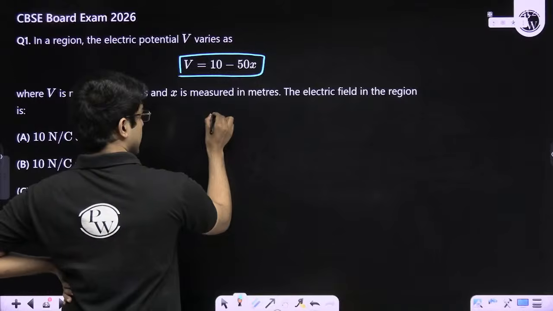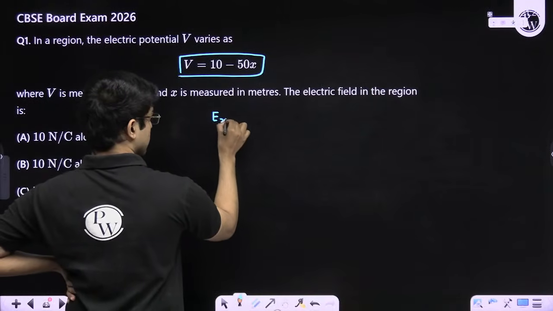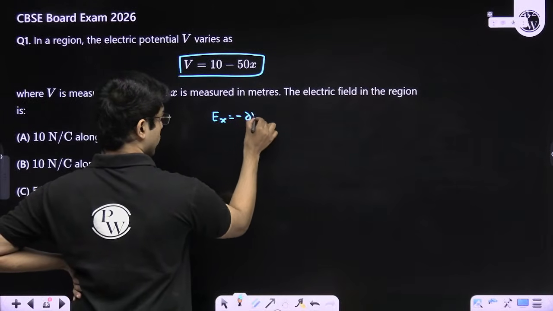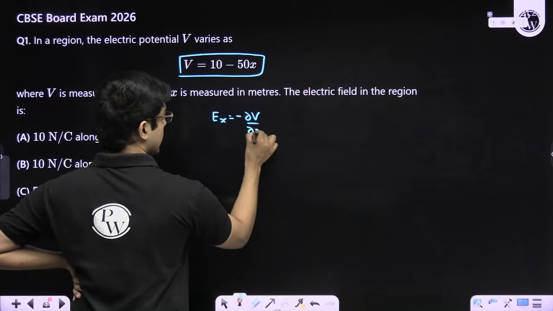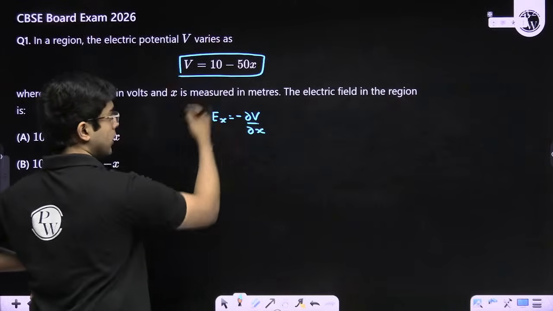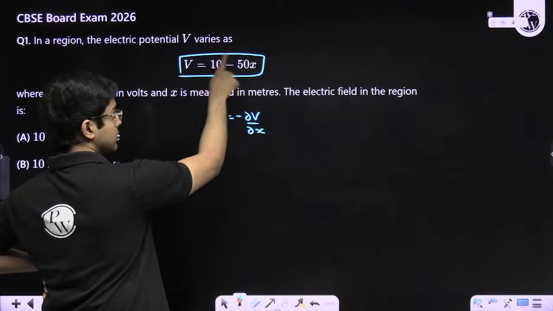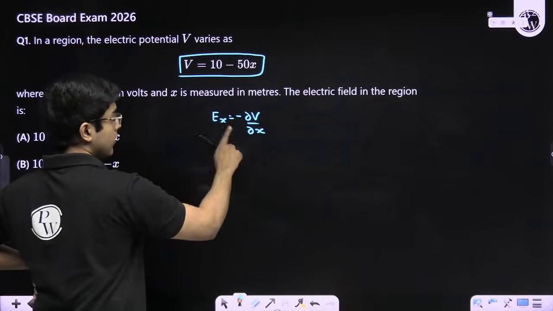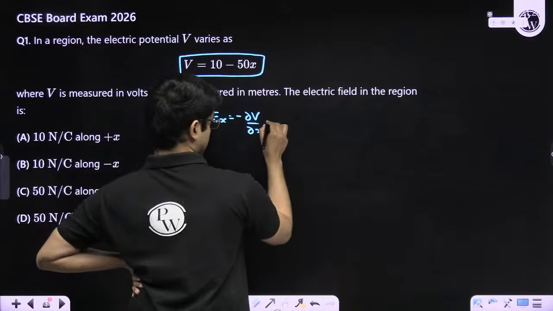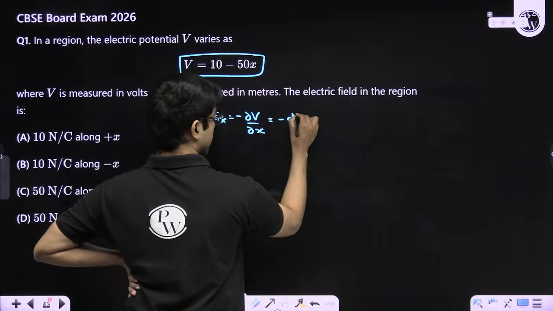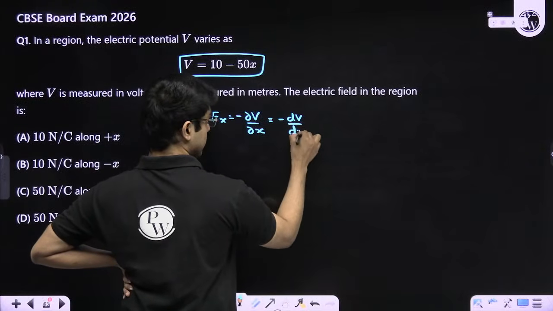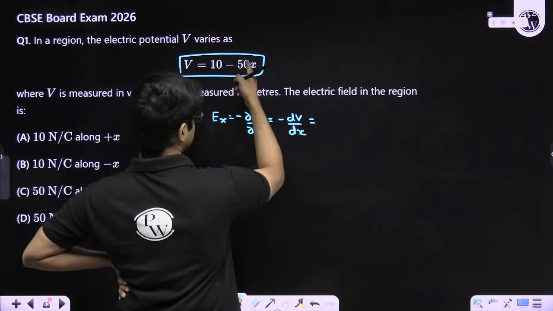So here Ex, if you want, it will be minus dou V by dou x. But here the thing is, the potential is only dependent on x. There is only x in this equation, no y and z, which means electric field will only be in the x direction. So you can simply write this as dV by dx itself and just differentiate this.